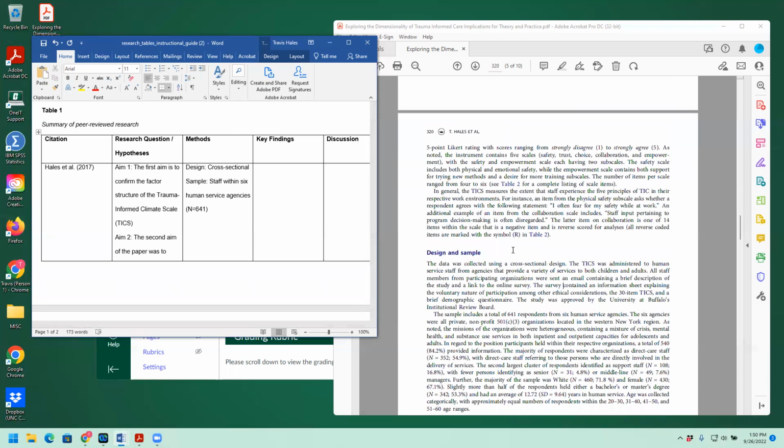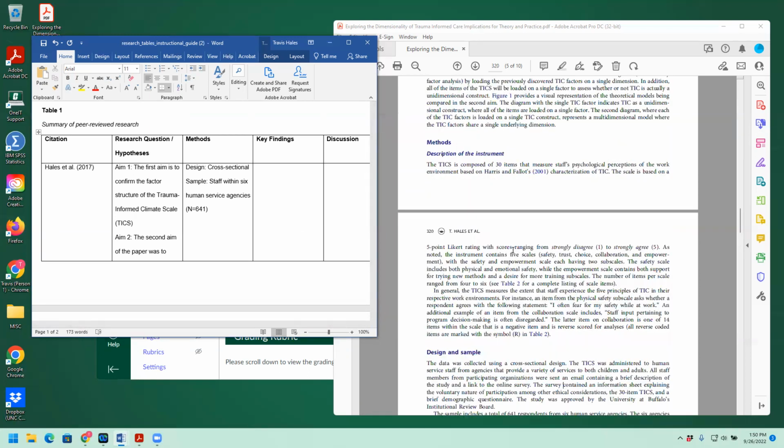Next, I am going to put in a measures section. So which measures were used in the study.